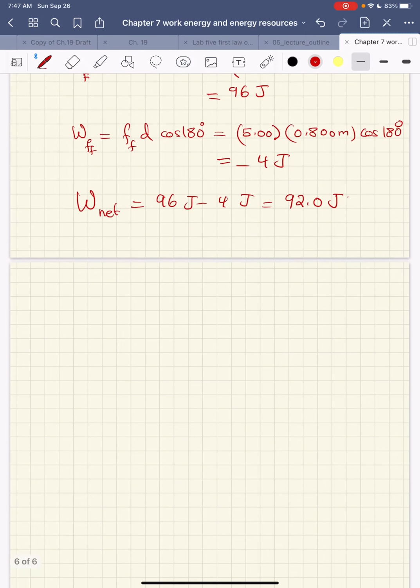Now also I know that the work total equals 1/2 m times v final squared minus v initial squared. Since my initial was 0, my total here is 92, and the mass is 30 kilograms.